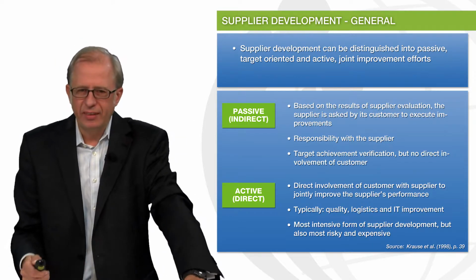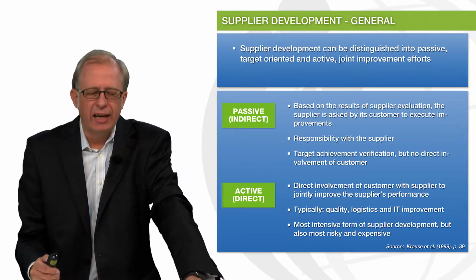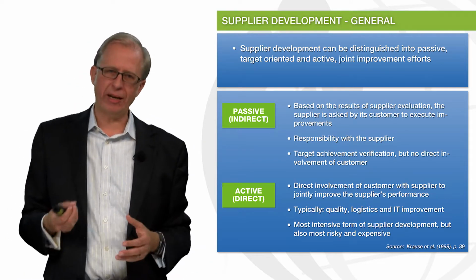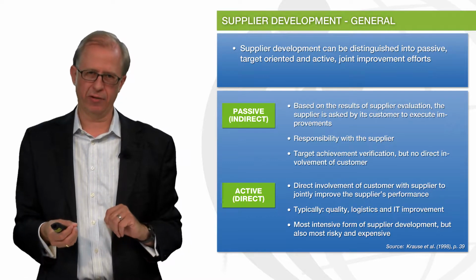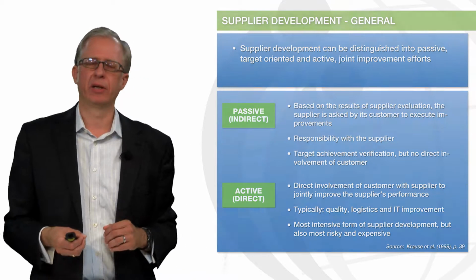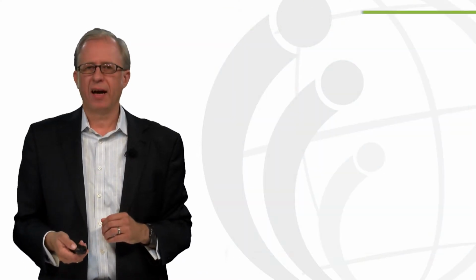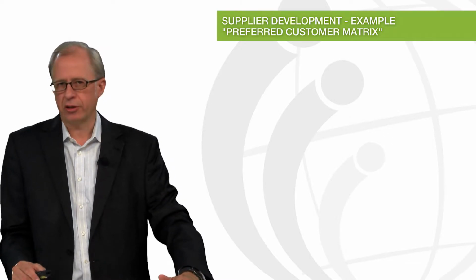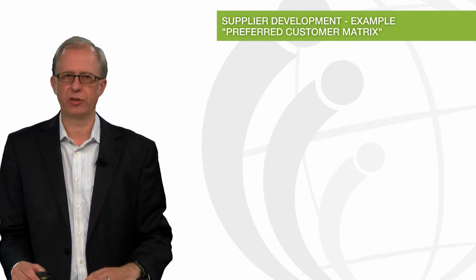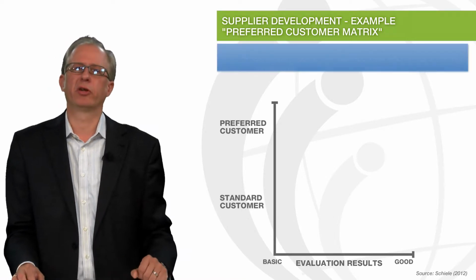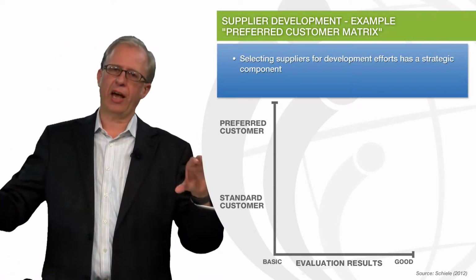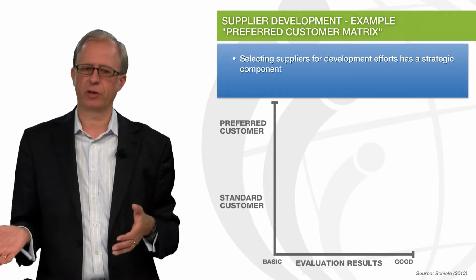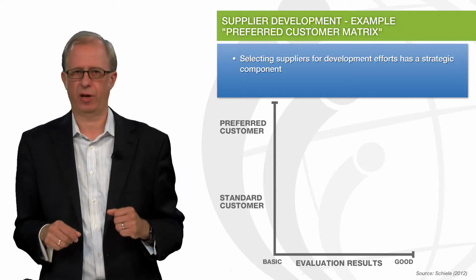And that is why what we are seeing here is a strong need to make a decision when we are going to invest into active supplier development and when we keep only the passive form. And here we see a model which has been developed, among others, to help to make this decision. We see here on the preferred customer matrix on the x-axis the results of the supplier evaluation between a bad and a good evaluation.